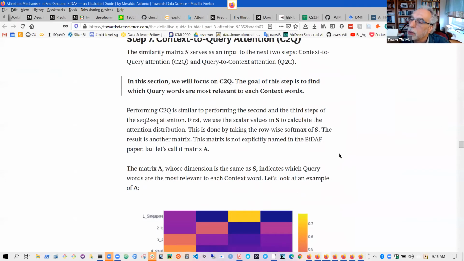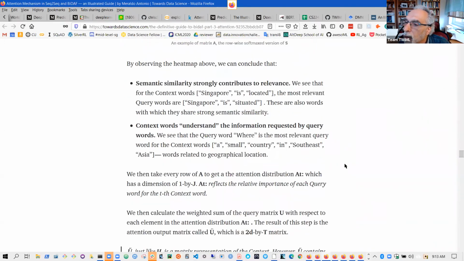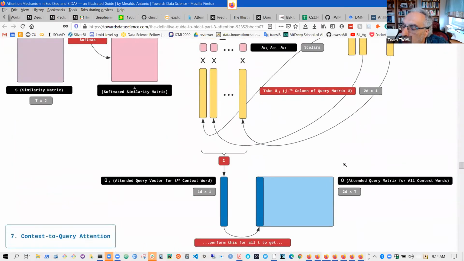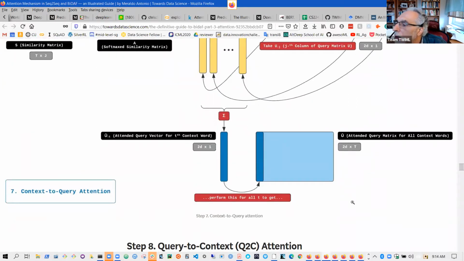Okay, so then we talked about context to query already. And I guess we'll see the attention vector. So the output of this was, well, they called it the AI vector, which for each passage word, you map that to some kind of an attention weighted average of the question words.